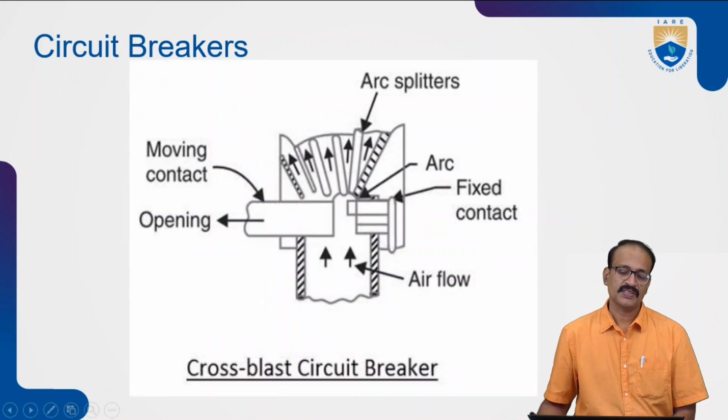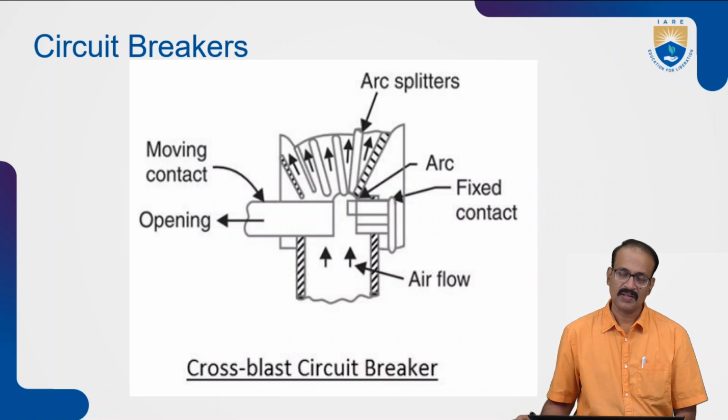Here this is the cross blast method. Here the high pressure air is not flowing in the same direction of the arc. It is perpendicular to the arc.